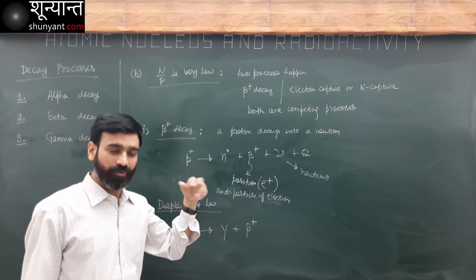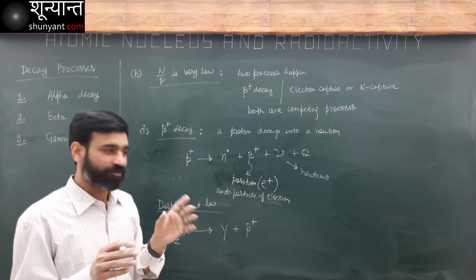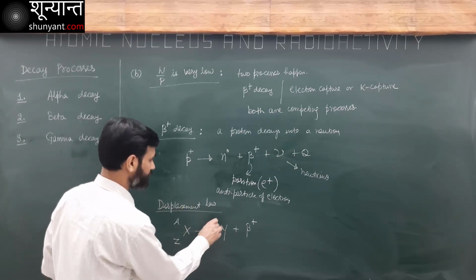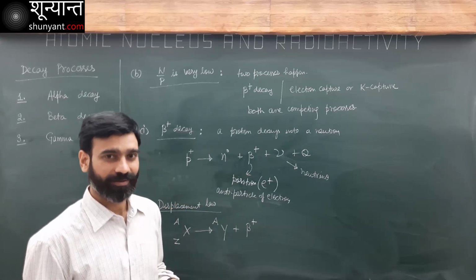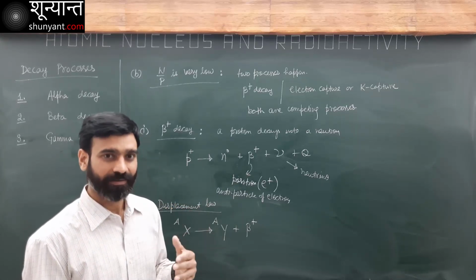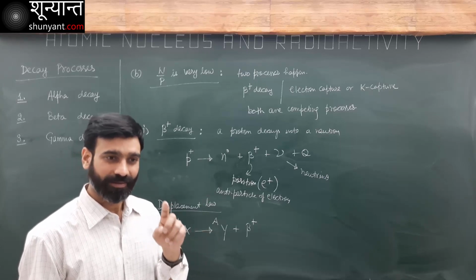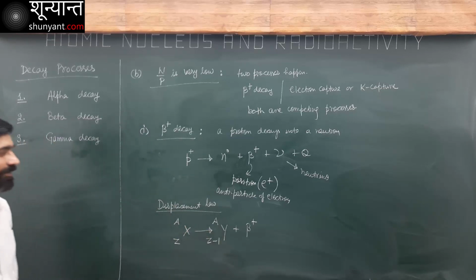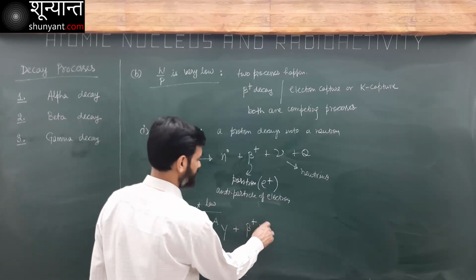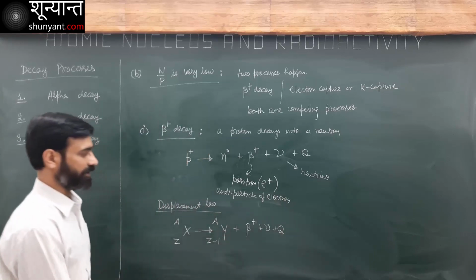A proton is getting converted into a neutron. The number of nucleons remains the same, so the mass number is going to be the same. Since a proton is decaying, the number of protons is reduced, so the atomic number is reduced. This becomes Z minus 1, plus this neutrino plus some heat here.